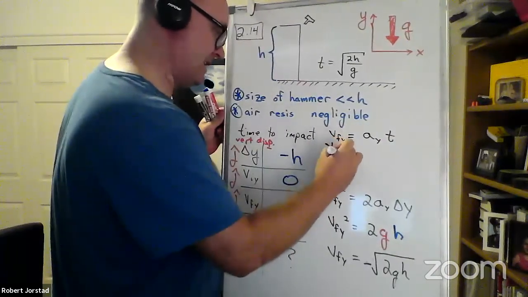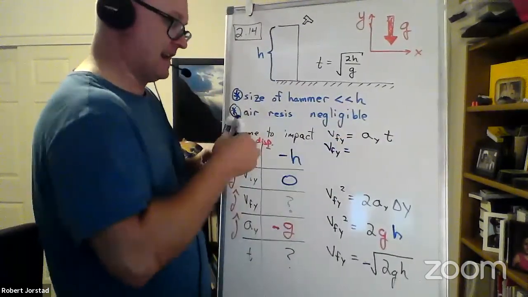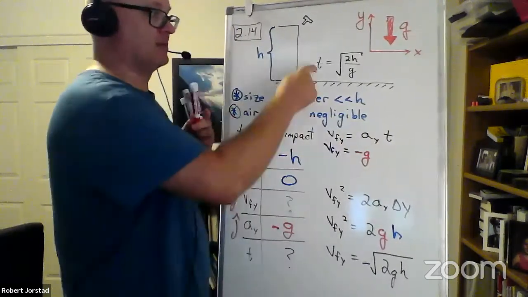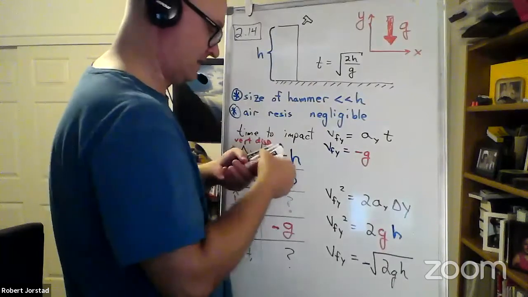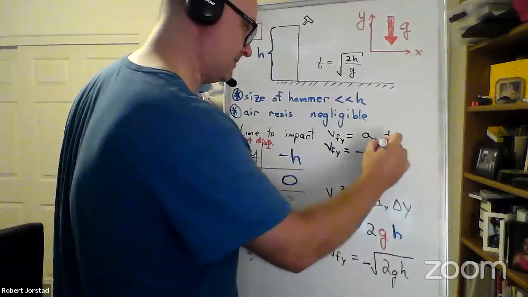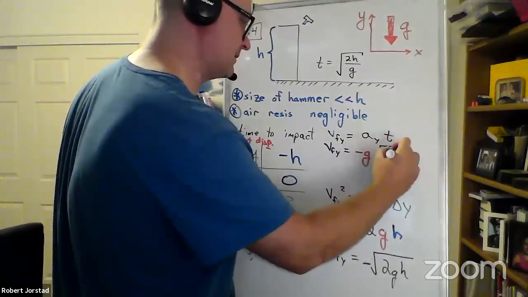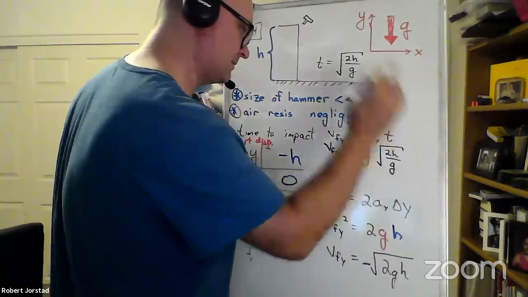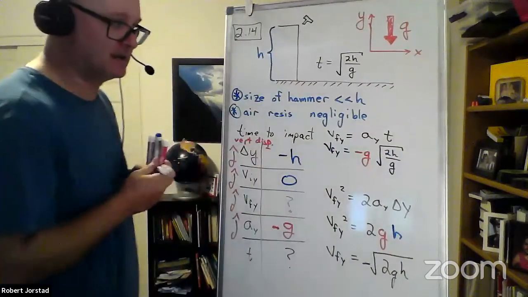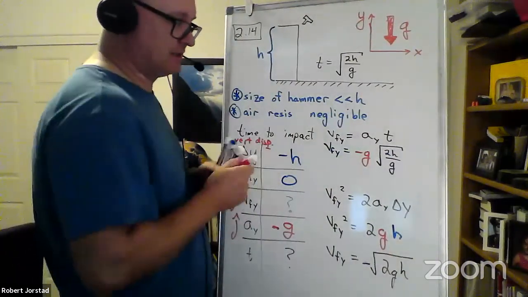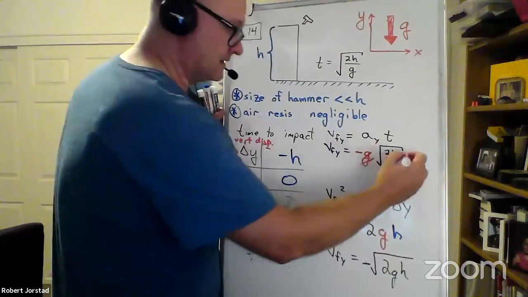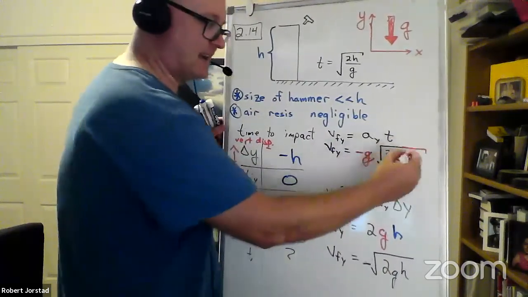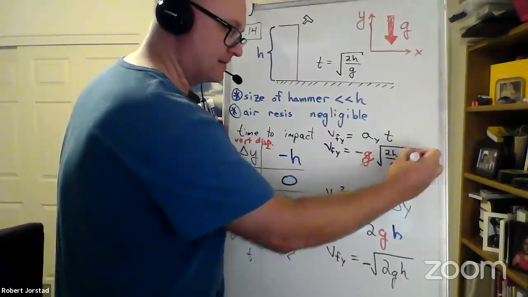V final Y is equal to negative G times the time up here, which was the square root of 2H over G. And now I'm just going to bring this inside, but to bring the G inside the square root, it's going to be a G squared, right?